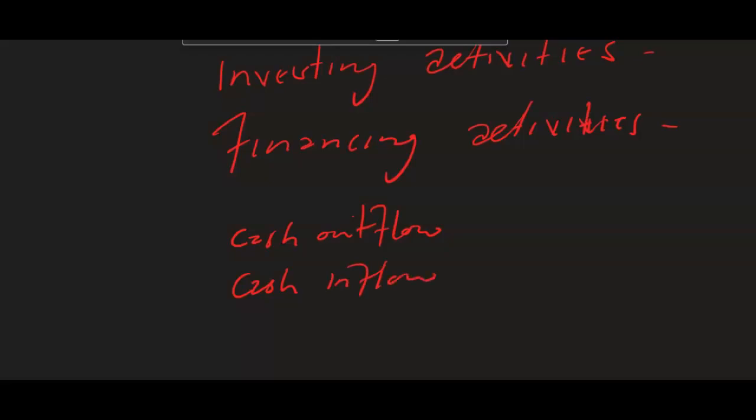Okay, and now you've also established another very important aspect. The first aspect was to identify: is it an investment activity, a financing activity, or an operating activity? Secondly, what is the effect of this transaction on the cash account? What happens to your cash when this transaction happens?